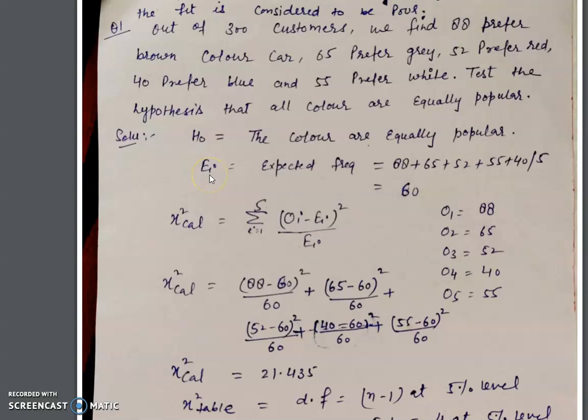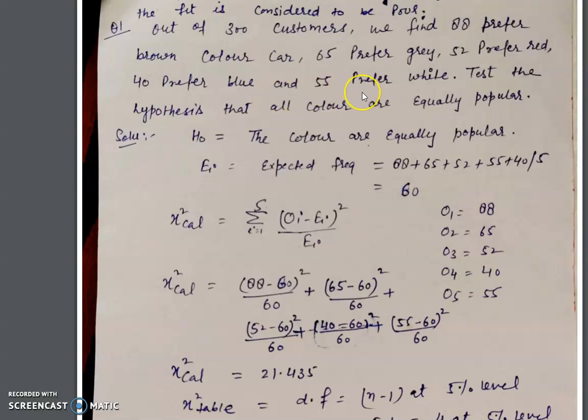Ei is the expected frequency. How can we find the expected frequency? We are given Oi, the observed frequencies: O1, O2, O3, O4 and O5. O1 is 88, since 88 prefer brown color car, and similarly 65, 52, 40 and 55.